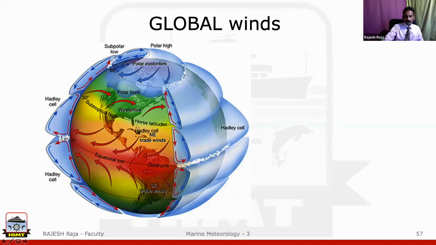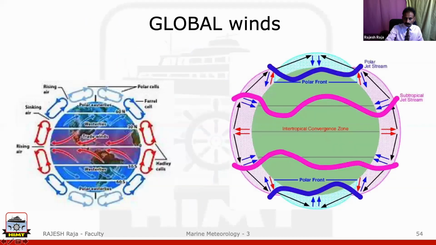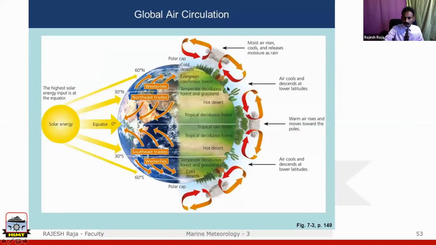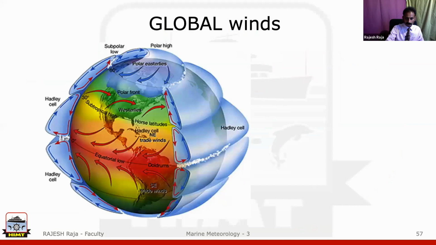Because in the early sailing days, in this small band, I'll go back to this picture again, you will see there is not much air in these bands, the gaps. So sailing vessels used to get stuck, and when rations are going down, you have to sacrifice something.